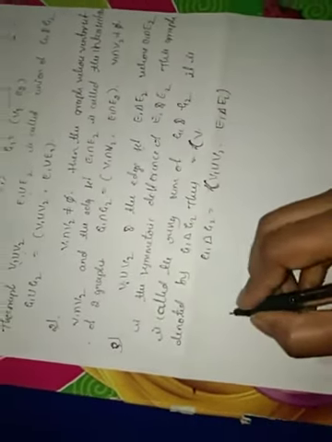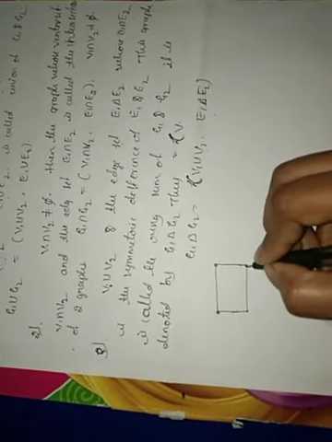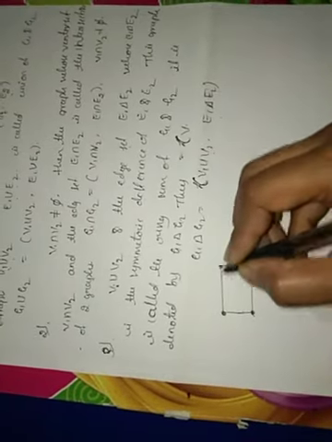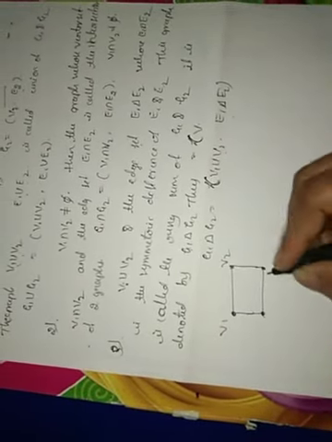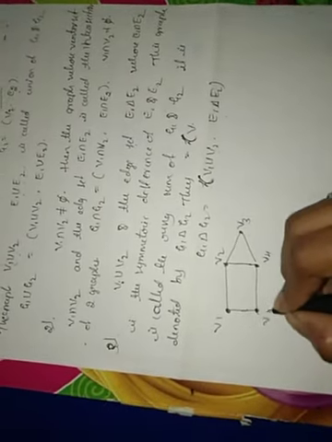Consider the graphs here. Suppose the two graphs G1 and G2. I am drawing the graph. Consider the vertices V1, V2, V3, V4, V5. That is the graph G1.